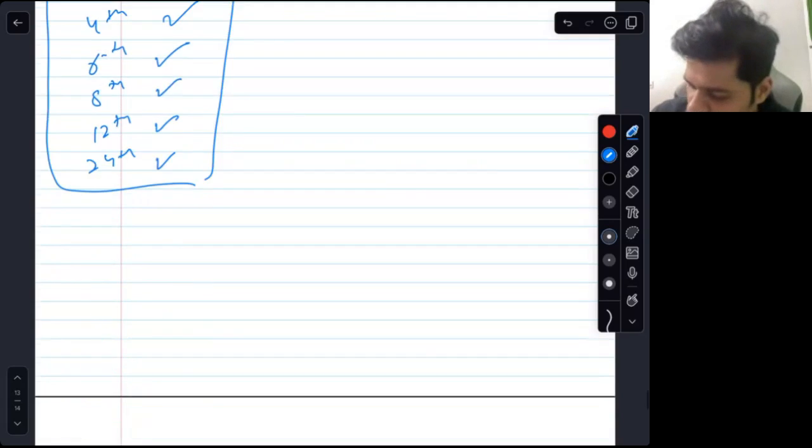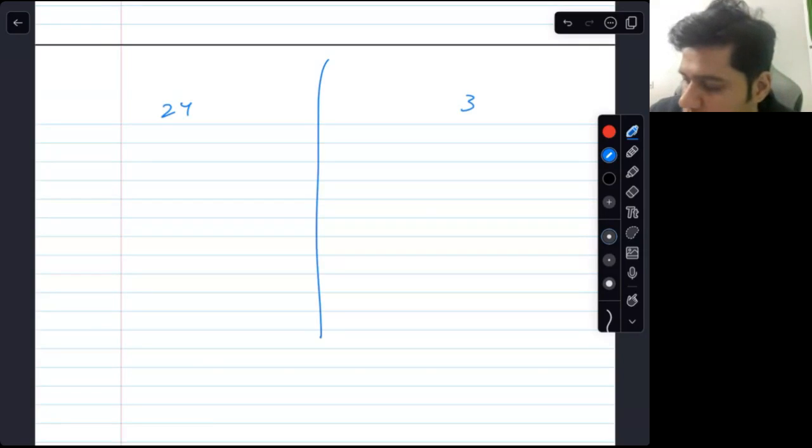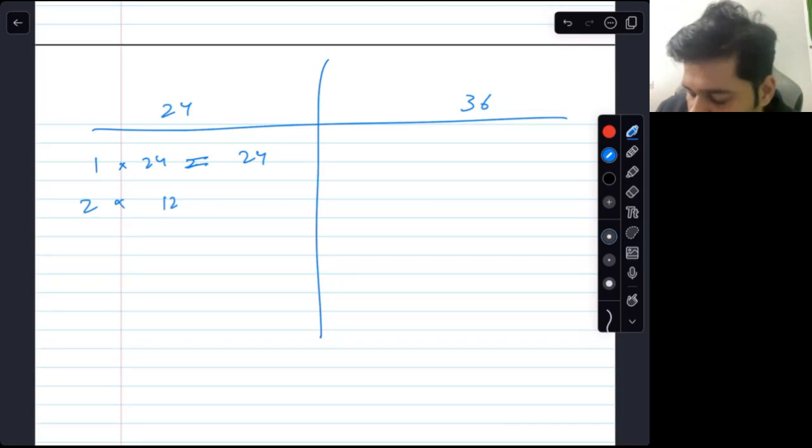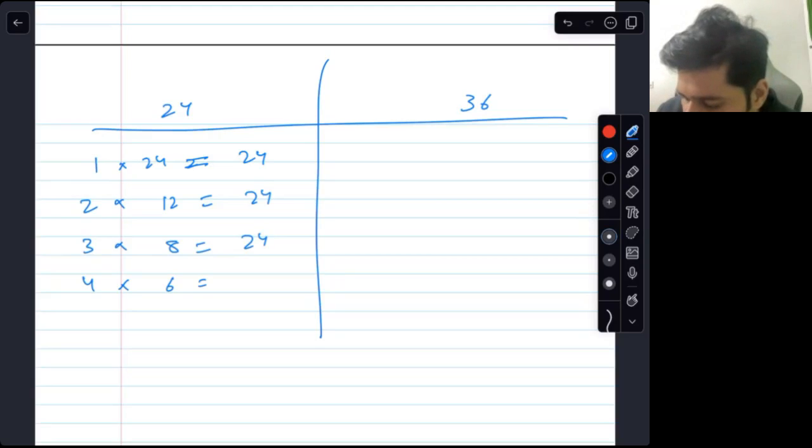Now let's see the factorization of 24 and 36. You would see an interesting thing. 1 into 24 is 24, correct? 2 into 12 is 24, of course. 3 into 8 is 24, alright. 4 into 6 is 24.